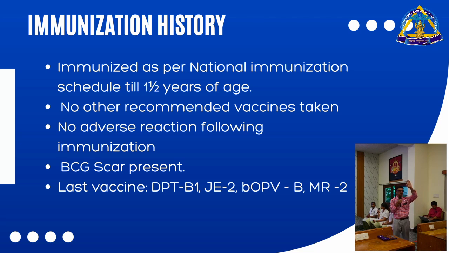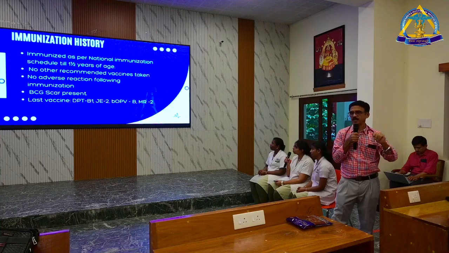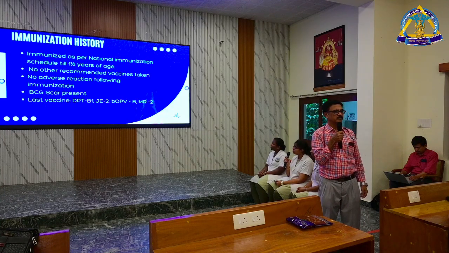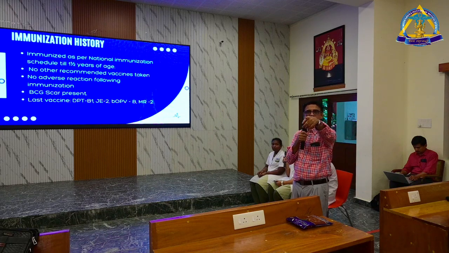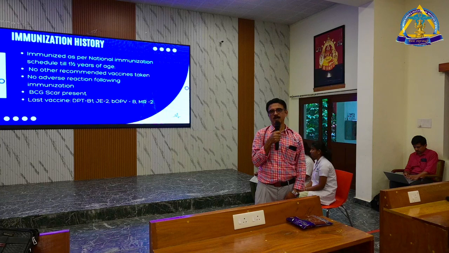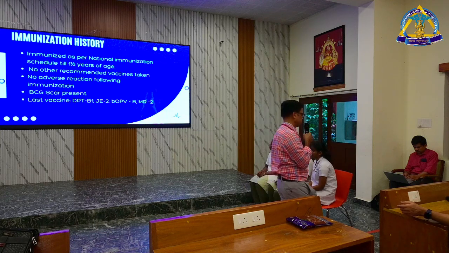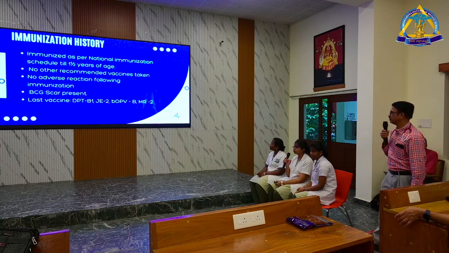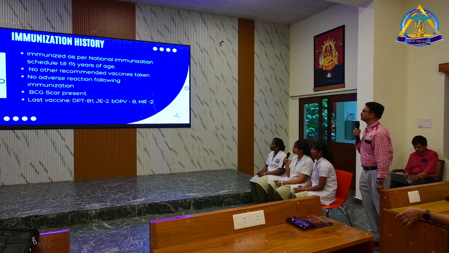Apart from the national schedule, whatever available vaccine you will give, we have told the importance. Now, which vaccine can prevent a heart disease? Who told? Yes, MMR, or rubella vaccine, you can give a vaccine that can prevent a PDA or a congenital rubella syndrome. Okay, then. Yes. Continue.